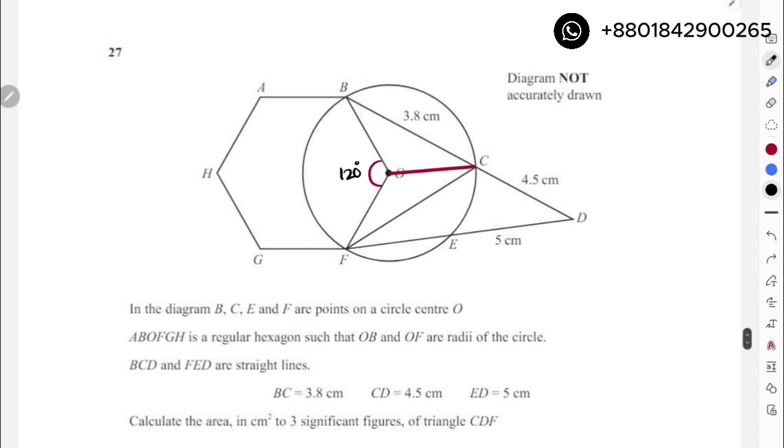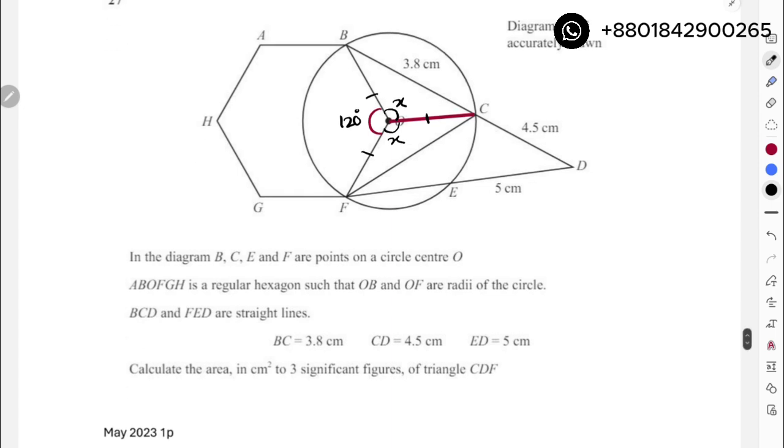If that was 360, if these two lengths are equal, that means this angle and this angle, BOC and COF, they are also going to be equal, right? X and X, they're going to create... So we can write... or we can also use that to find out the length for BCF, but using that BCF we won't get anything out of CF, right?